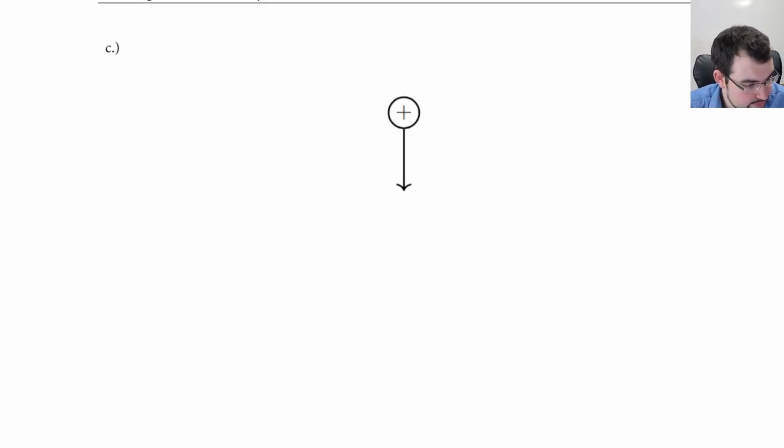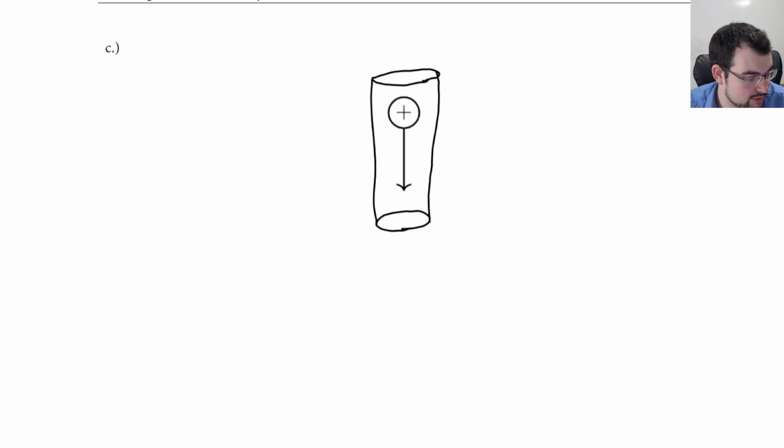All right, C. Well, C is just a positive point charge moving towards the bottom of the page. So since it's a positive charge, we can just model this as a current towards the bottom of the page. So we'll pretend that you are a wire carrying a downward current. Not the best wire I could have drawn in the world, but whatever. So we're really just saying that there is a current going down.